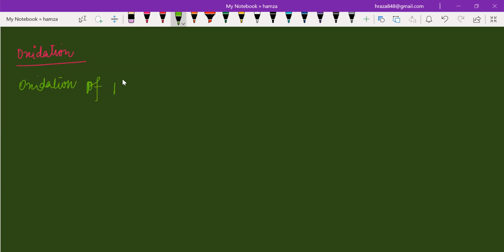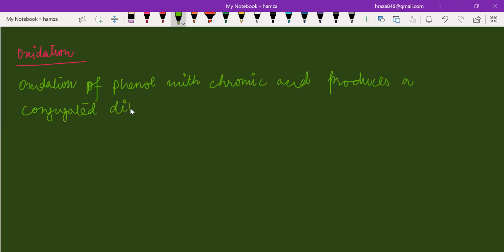We are doing oxidation of phenol with chromic acid, which produces a conjugated diketone. Its common name is benzoquinone.